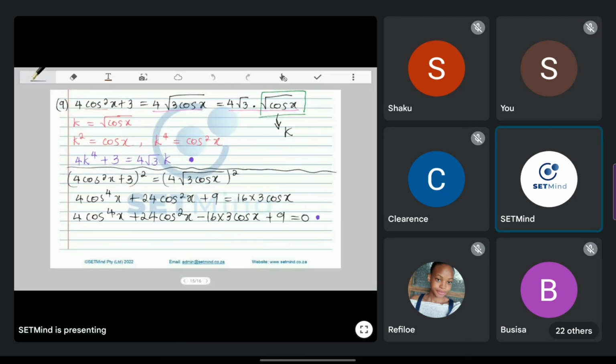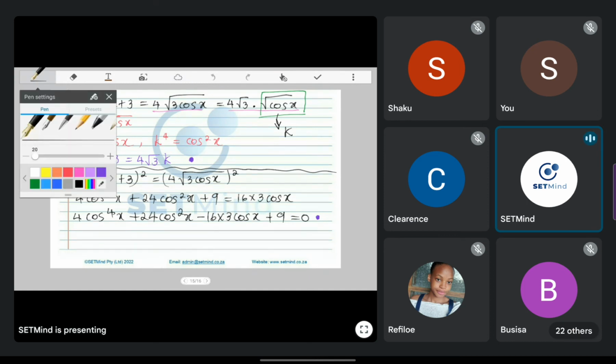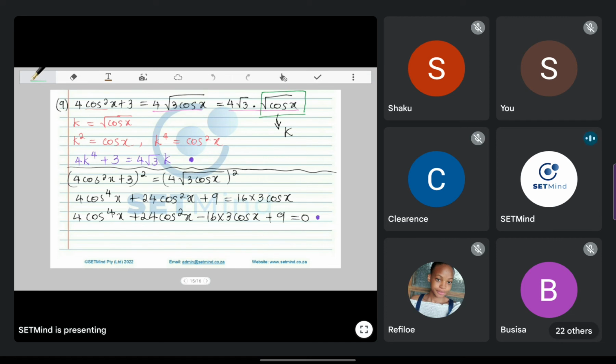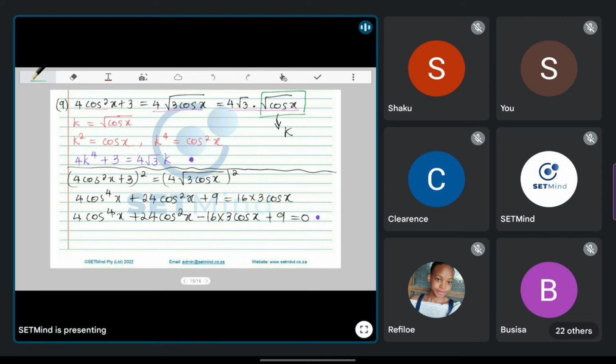It's a matter of choosing which one is easier to solve for k, whether to substitute the one for 4k to the power 4 plus 3 is 4 square root of 3k, or the one at the bottom to substitute k. Okay, so let's see which one is easier.